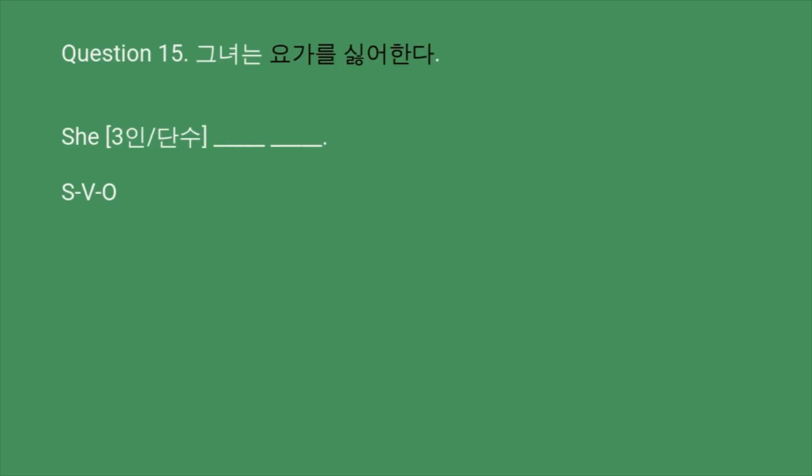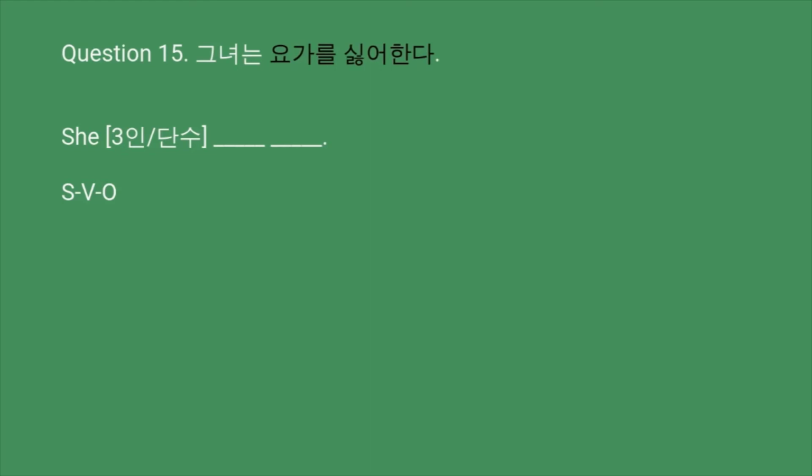So let's have a look at question 15. So here we've got she and 2 gaps. In the Korean we've got 그녀는 요가를 싫어한다. So obviously everything except for she we need to translate into English. Basically 요가를 싫어한다 we need to put into English.